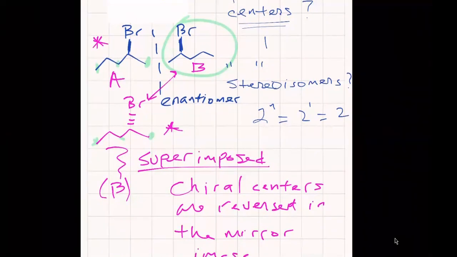Would it be R? Yes, it has to be R, because B is the mirror image of A. So if the configuration of the stereo center in A is S, by default the enantiomer is the opposite.